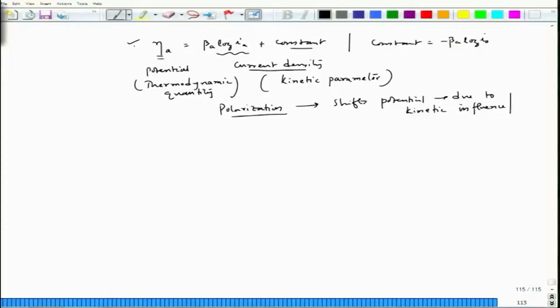We will see that there are two routes of protection of metals and alloys from corrosion. One is cathodic protection, another one is anodic protection. Until we understand this Tafel equation, or the relation between current density and polarized potential, we will not be able to understand those protection mechanisms properly.